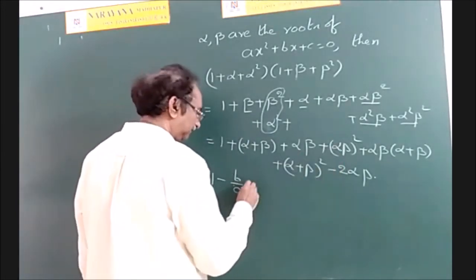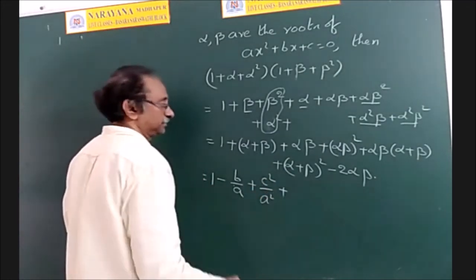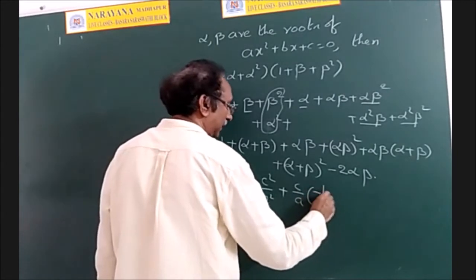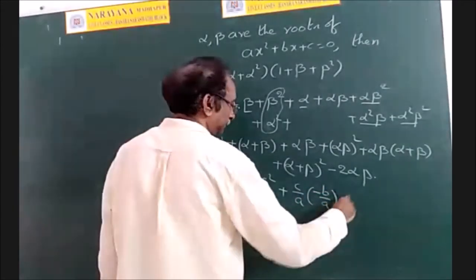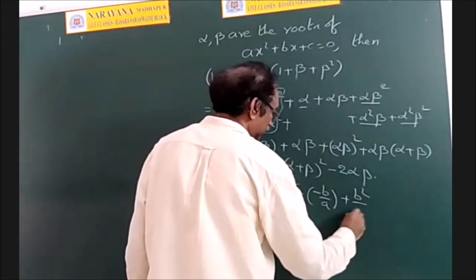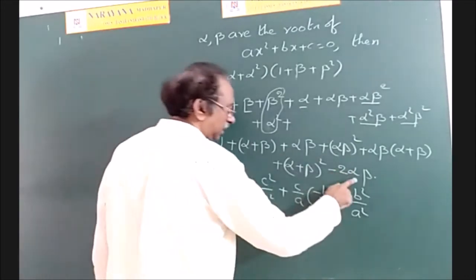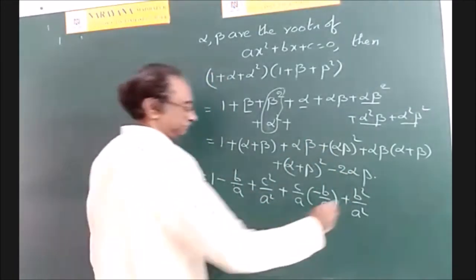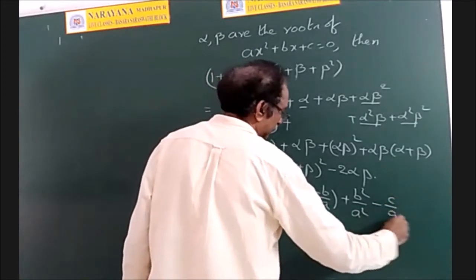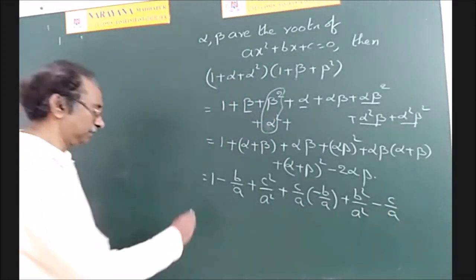See, this alpha beta whole square, c square by a square, plus this c by a into minus b by a, plus alpha plus beta whole square, b square by a square. There is alpha beta minus 2 alpha beta, and therefore this is minus alpha beta, that is minus c by a. So everything is expressed in terms of a, b, c.